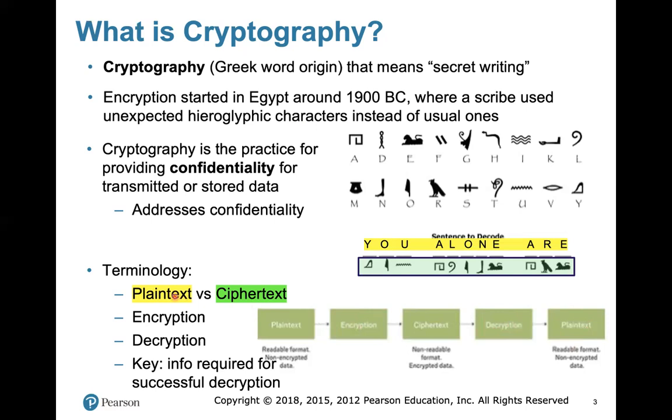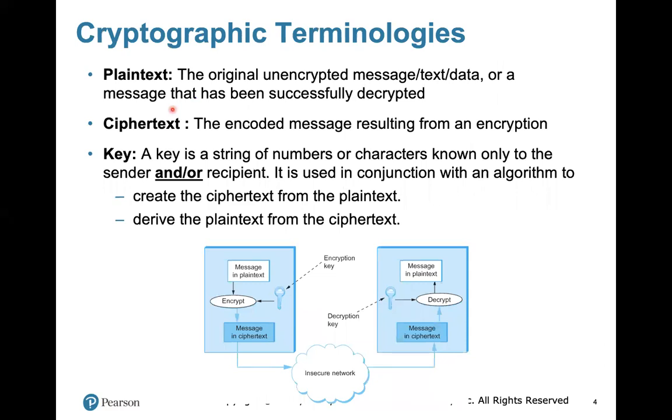So terminology that we need to know, and I'm going to give you kind of official definitions about them. The first thing is plain text. Plain text is the original unencrypted message, text, or data. In general, we say data because at the end of the day, whether you have a message or text or data, it's going to be stored as data somewhere in your auxiliary memory or in your main memory. So at the end of the day, it's a sequence of binary data.